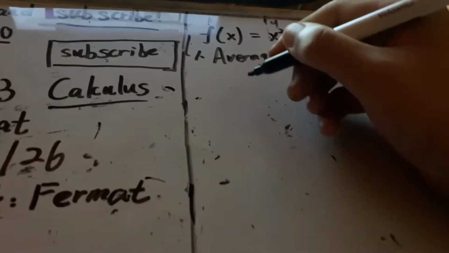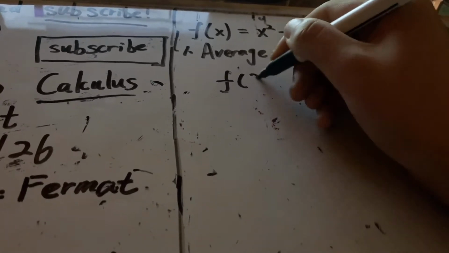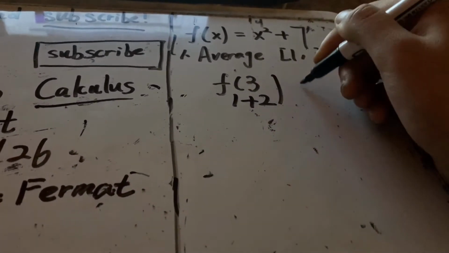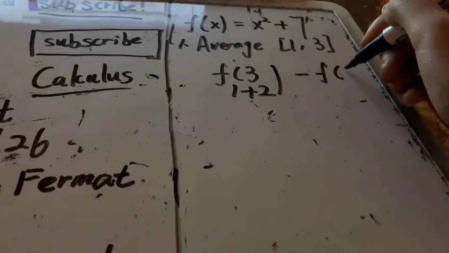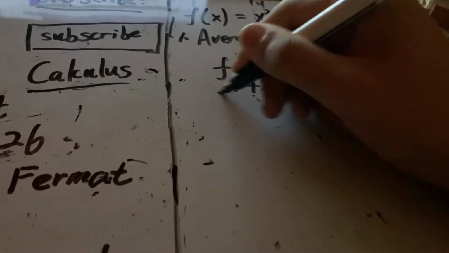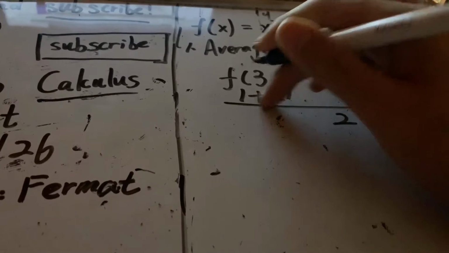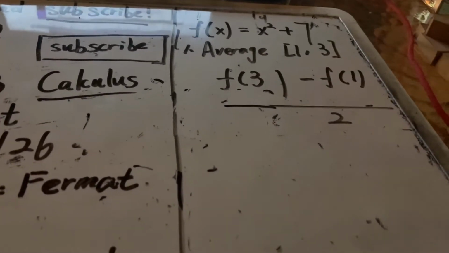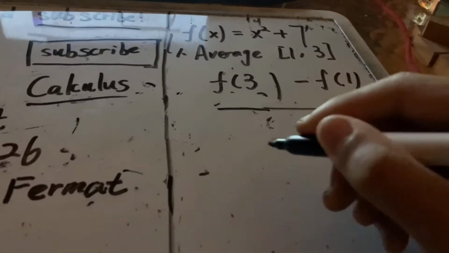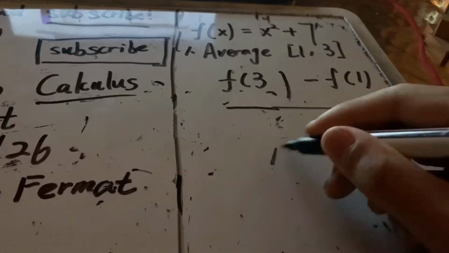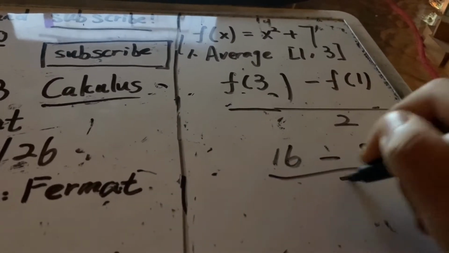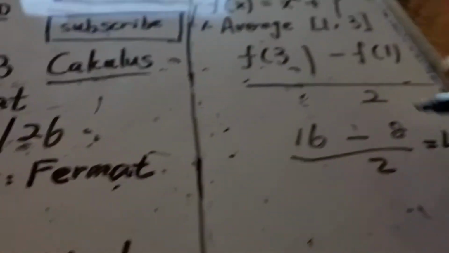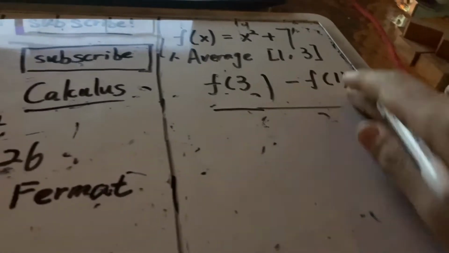How are we going to calculate this? f(3), or we can think of it as f(1 plus 2) minus f(1), divided by 2, given the formula of average rate of change. So f(3) equals 16, f(1) equals 8, divided by 2 is 4. So the average rate of change is 4.